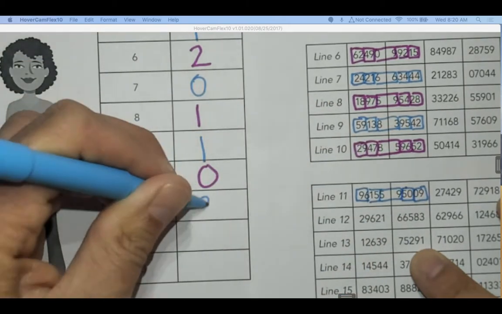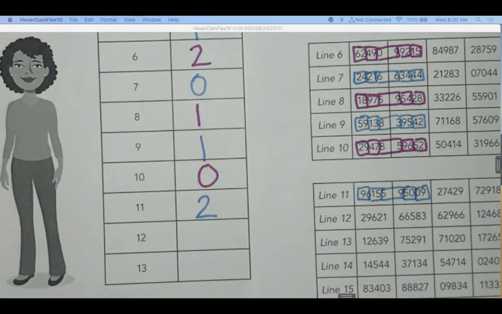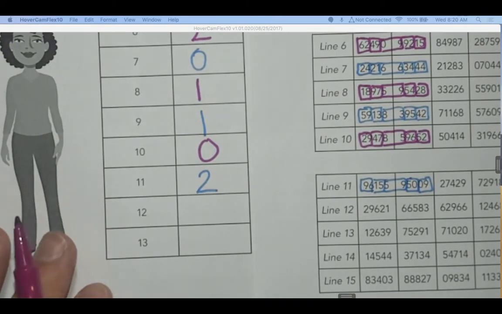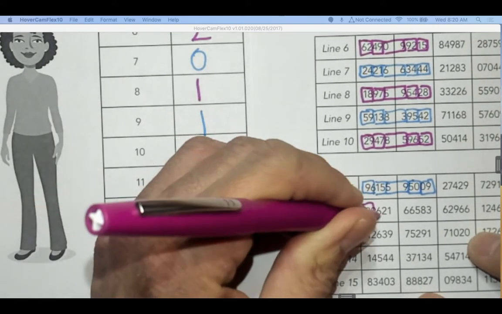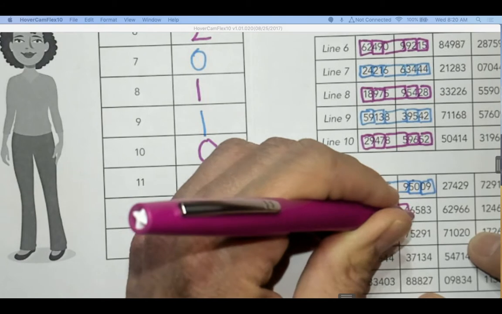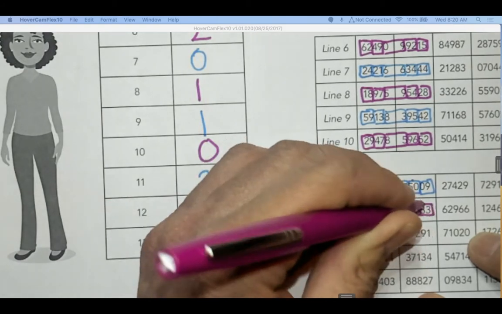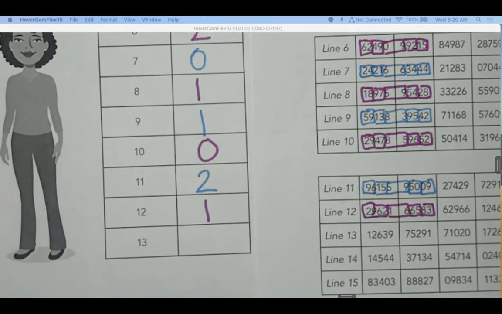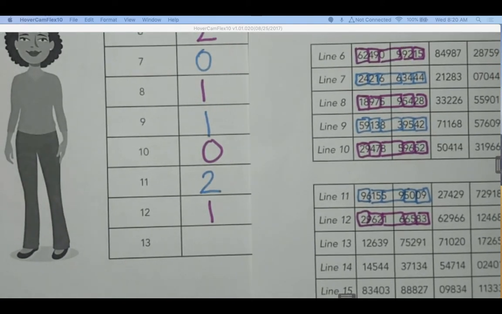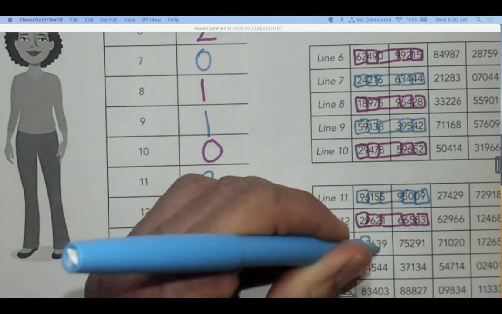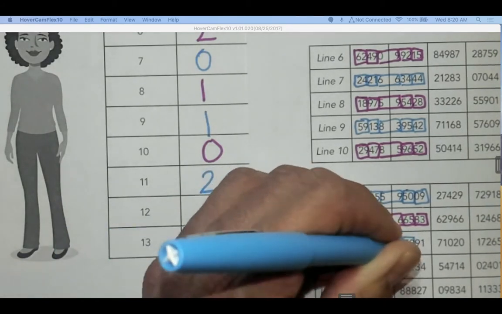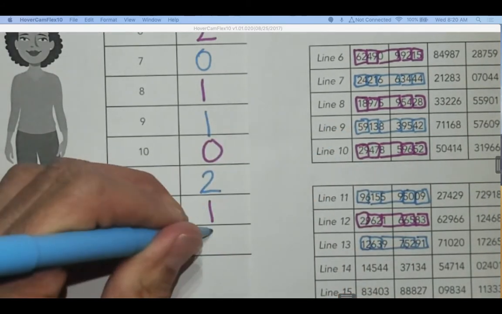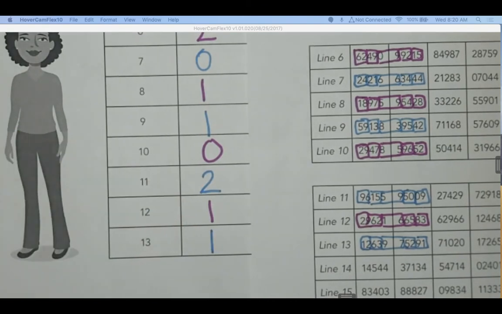That would have been 2 right there. Line 12, 29 no, 62 no, 16 yes, 65 no, 83 no. There would have been 1 correct there. 13, 12 yes, 63 no, 97 no, 52 no, 91 no. There would have been 1 correct there.